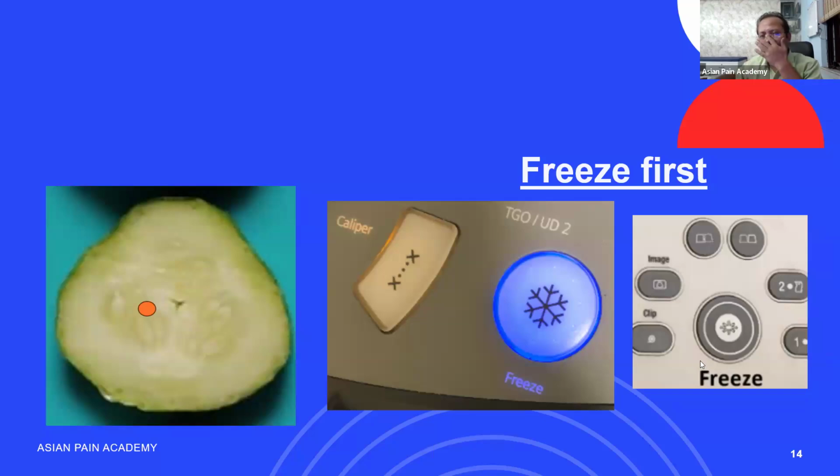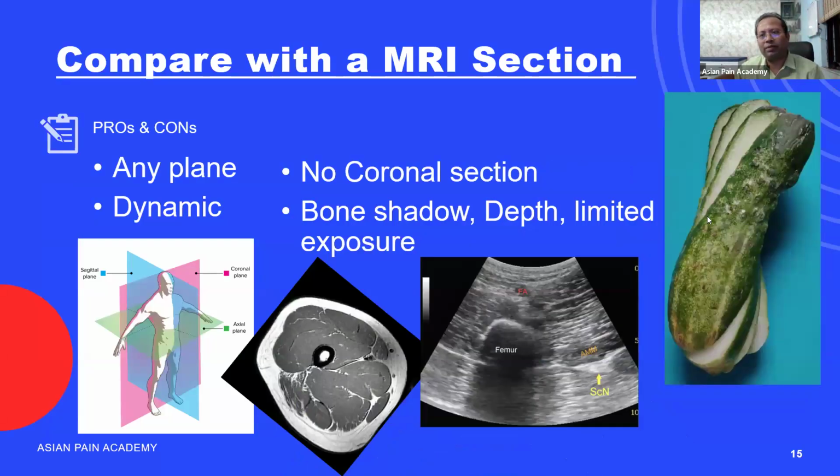You must freeze the picture and then you measure. There is one caliper button. In different machines, there are different calipers, so the knob can be different. So first freeze and then measure. For measurement, depth we can measure, and the area or size we can measure.